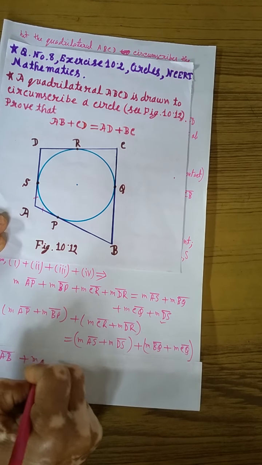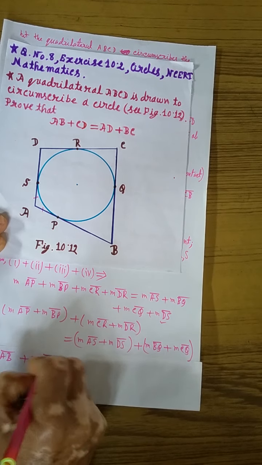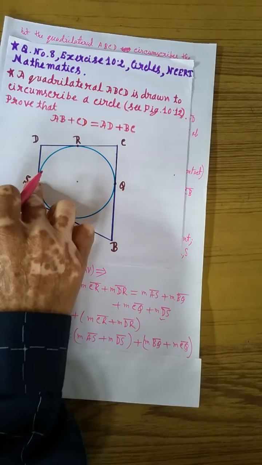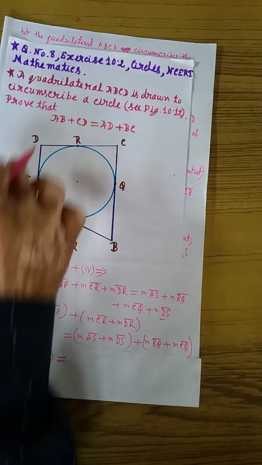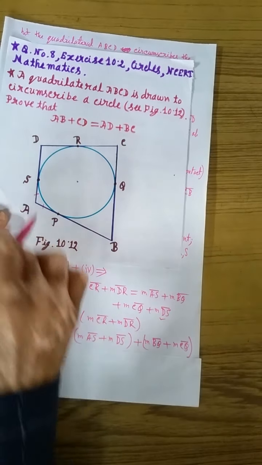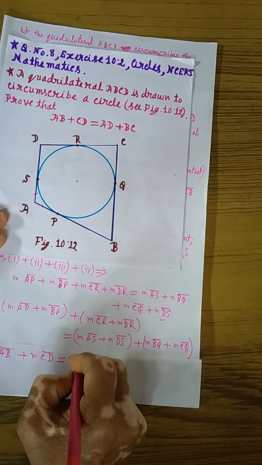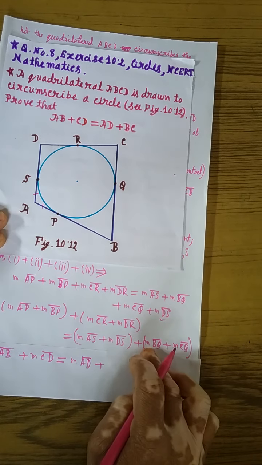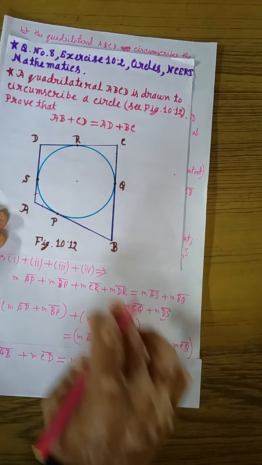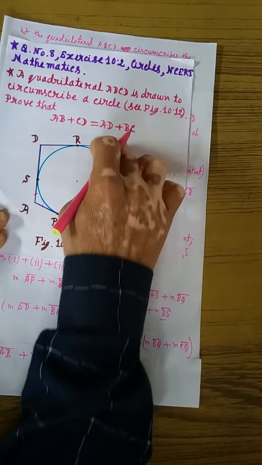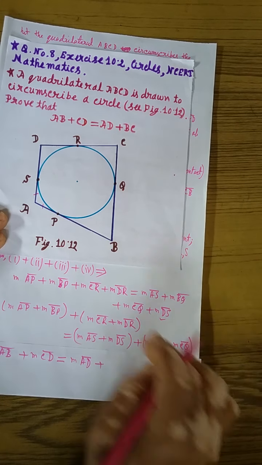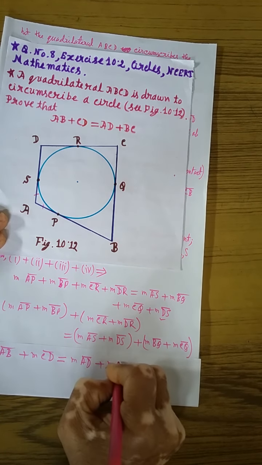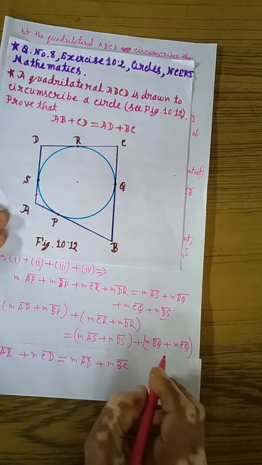So measure of AB plus measure of CD is equal to, now in place of measure of AS and measure of DS, we will write measure of AD, plus in place of measure of BQ plus measure of CQ, we will write measure of BC.